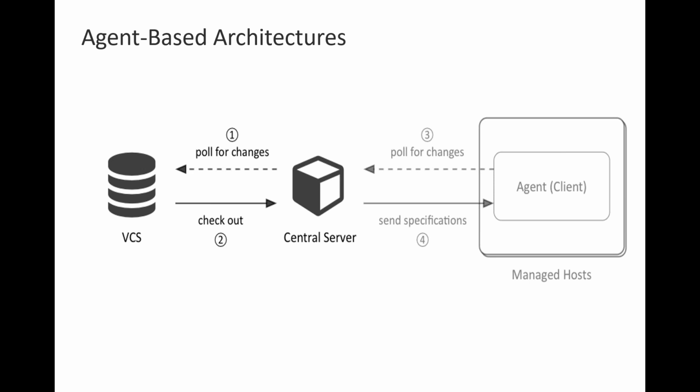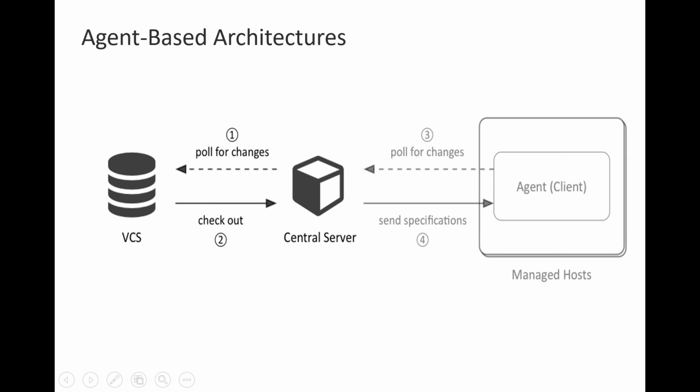First we pull the code to the central system if there is any change in the version controlling tool. In agent-based architecture, the central server doesn't push the change to all the clients.